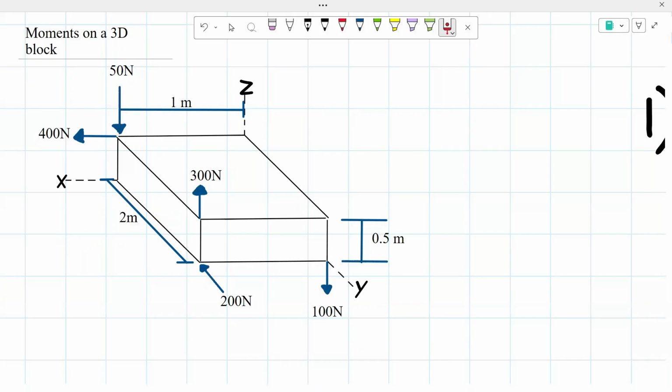The only force that is not going to be shown is that 400 newtons since it is parallel with that axis. And from there, the dimensions that we're going to be using is the 2 meters and the 1 meter, because from there you don't see this side of the box, so you don't need that dimension.